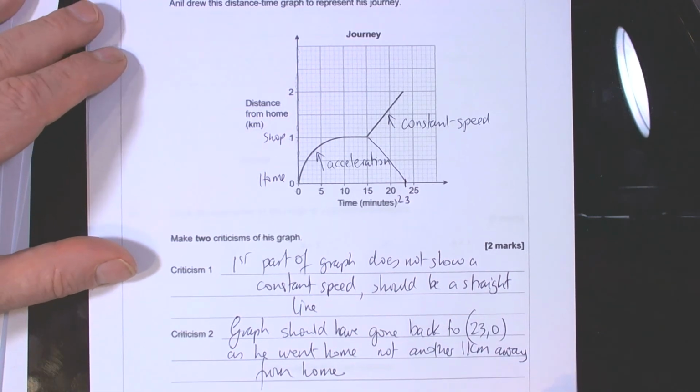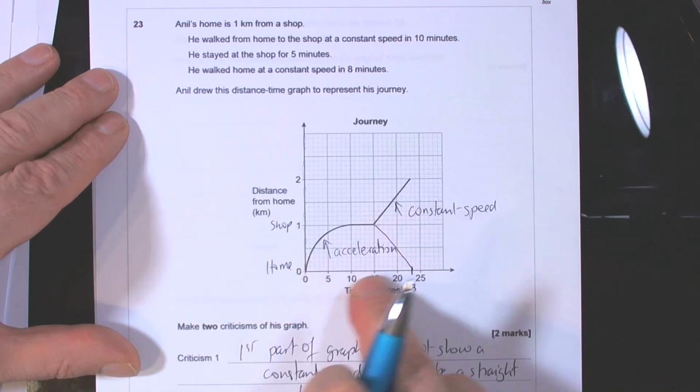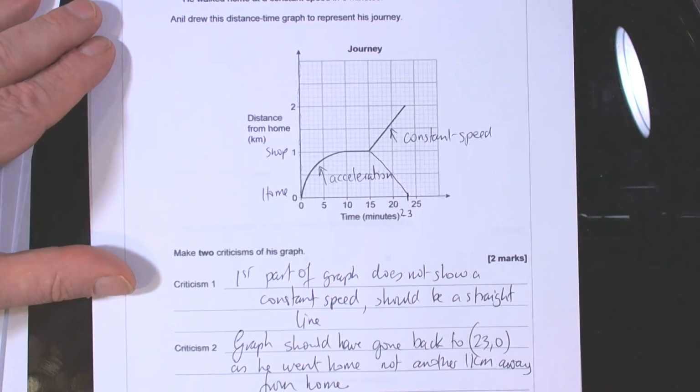Okay, so those were the two criticisms. So we had the information, and then we had to think about what the graph was telling us and how we interpret distance time graphs, and then we had to criticise them.